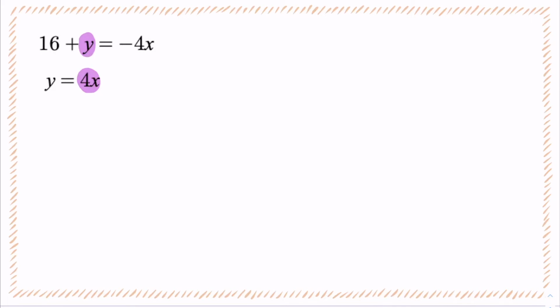So we're going to replace the y in the first equation with 4x. So we're going to have 16 plus, and then we substitute in 4x for y equals negative 4x.